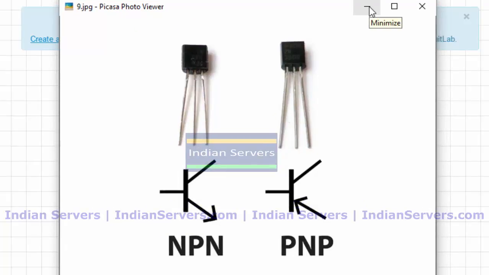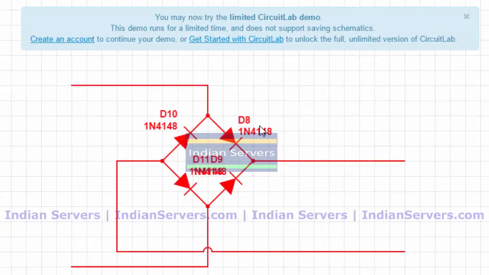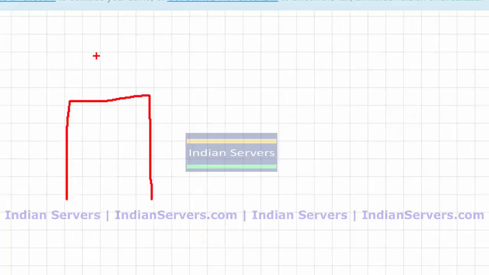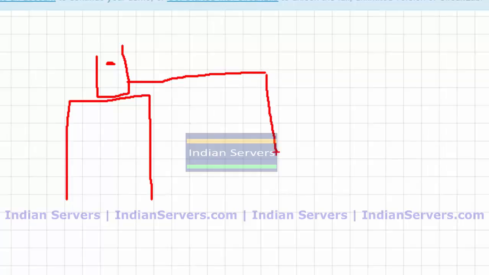To understand the working of transistor, we should consider a small scenario. Assume that this is a water tank at the top of your home or a building. Now we want to fill the water from this tank in a container.